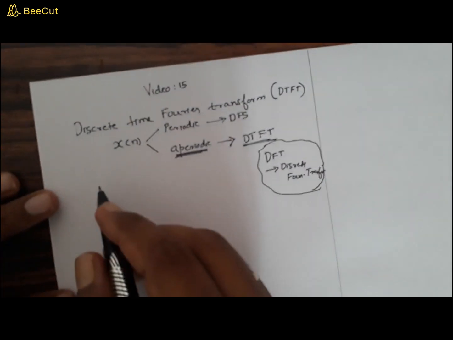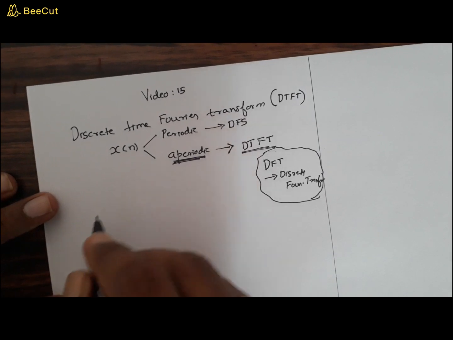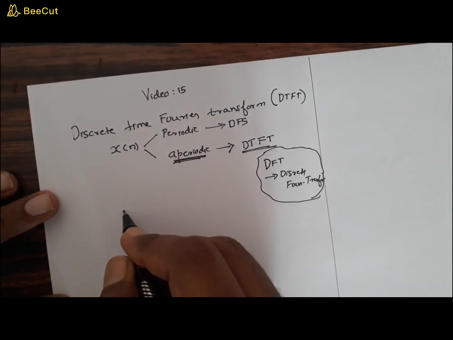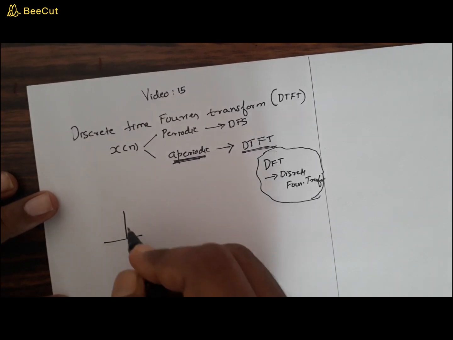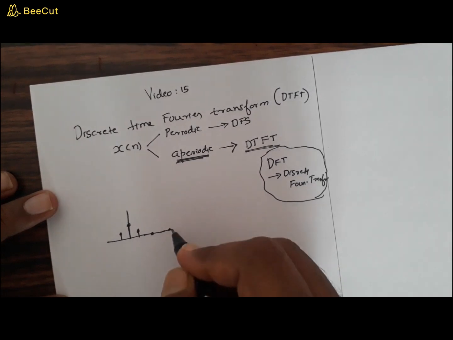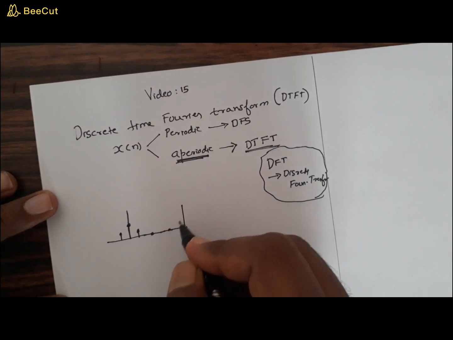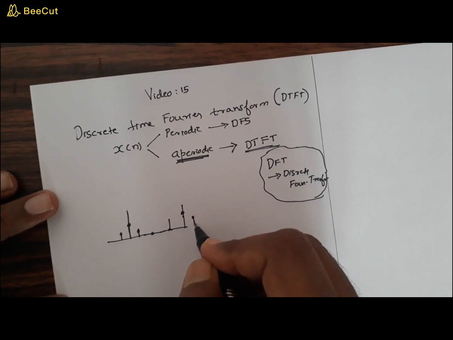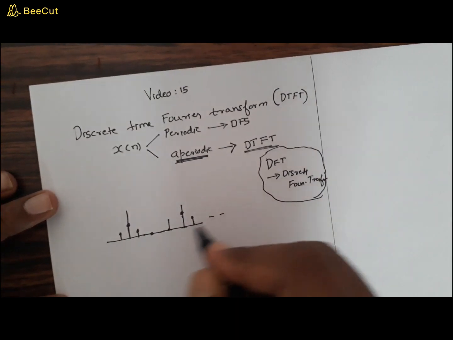So as I have taught you when we dealt with the aperiodic signal, that is when we dealt with the continuous time signal, suppose you have a periodic signal like this, and it goes on like this.